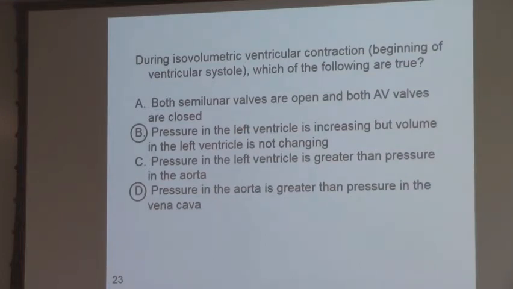It's simply asking you which of these are true during. Not asking you a mechanism, it's asking you at this point in time which are true, and that's why D is a true statement. You know that the pressure in the ventricle is always greater than the pressure in the veins, especially during contraction.